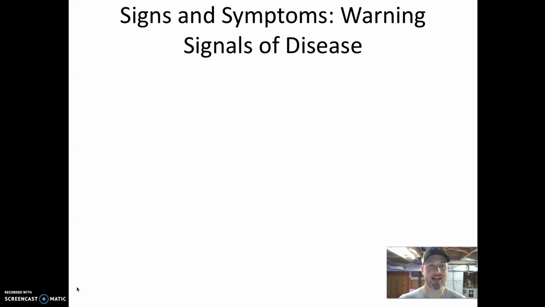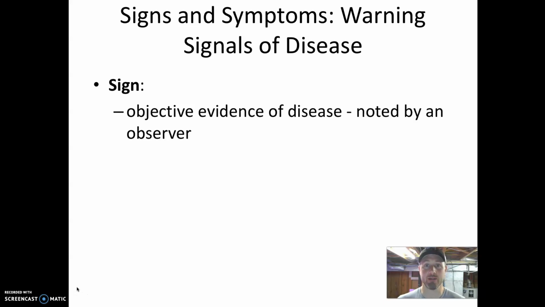So how is a sign different from a symptom? A sign is any sort of objective evidence that the disease is infecting a person. Objective evidence means that I, maybe as a doctor, if I look at a patient or inspect a patient, maybe measure things about a patient, I can observe that a sign is present.